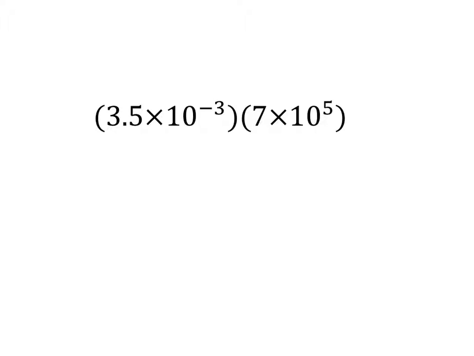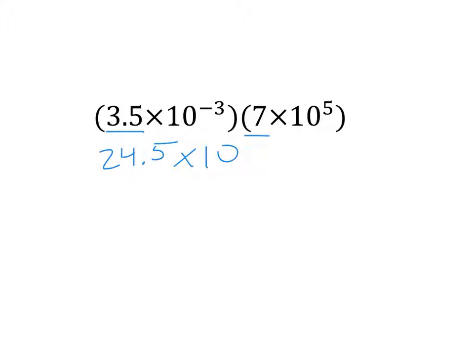3.5 times 10 to the negative third times 7 times 10 to the fifth. Okay, we look at our coefficients, that 3.5 and that 7. We type that into our calculator, and we should get 24.5. You should be doing this along with me, so you make sure you know how to do it.